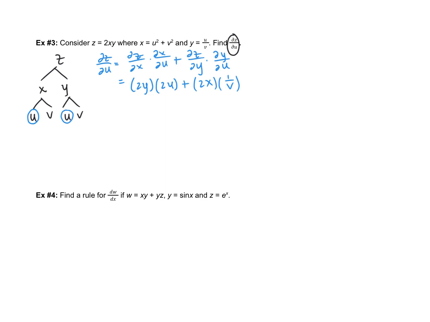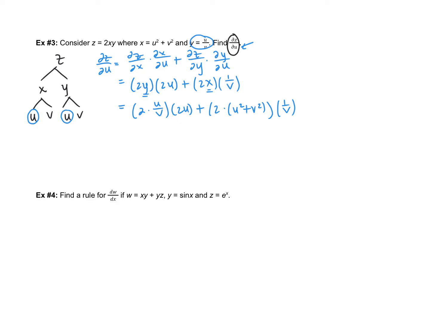Now, I want this, though, in terms of u. I don't want this x and y in here. So what I'm now going to do is substitute in for x and y. Y, we said, is u over v, so this comes from here. And then we have 2u. X is u squared plus v squared. And then we have our 1 over v.